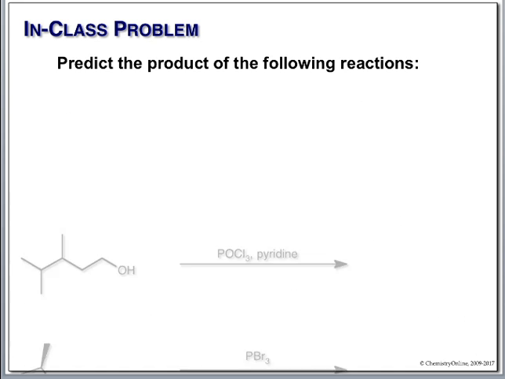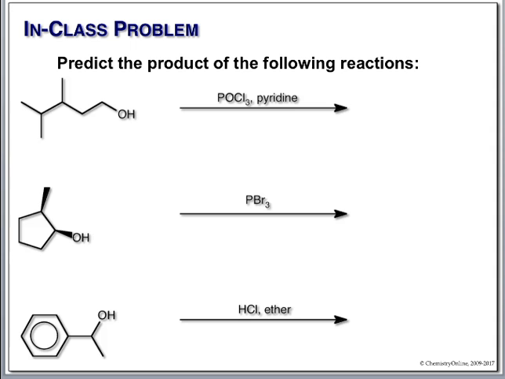Let's do another set. Mix them up again. POCl3 and pyridine, PBr3, HCl and ether. With POCl3, what are we doing? We're going to make a double bond, aren't we?